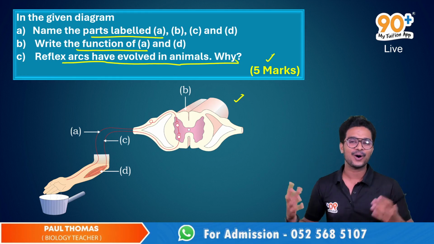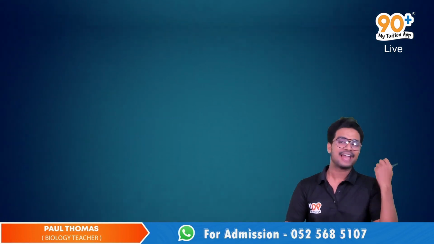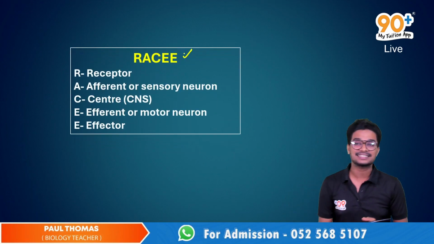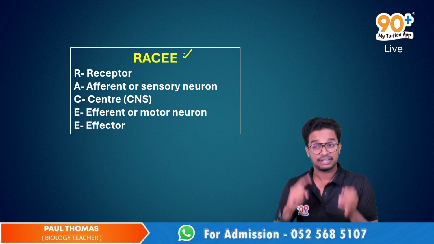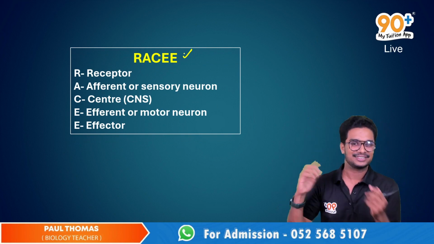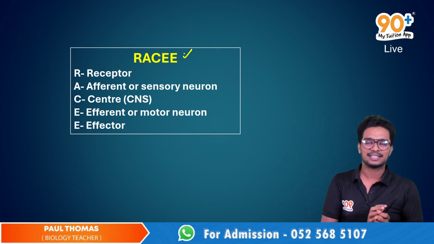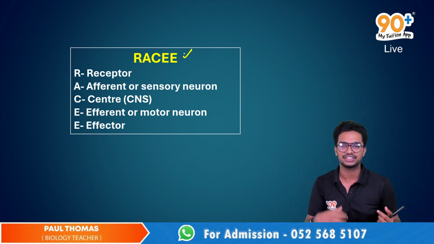You know all the parts of our reflex arc, and before answering the question, I will give you a short trick to memorize all the parts of the reflex arc. Reflex arc and reflex action are different. Reflex arc is a pathway for the reflex action to be conducted.